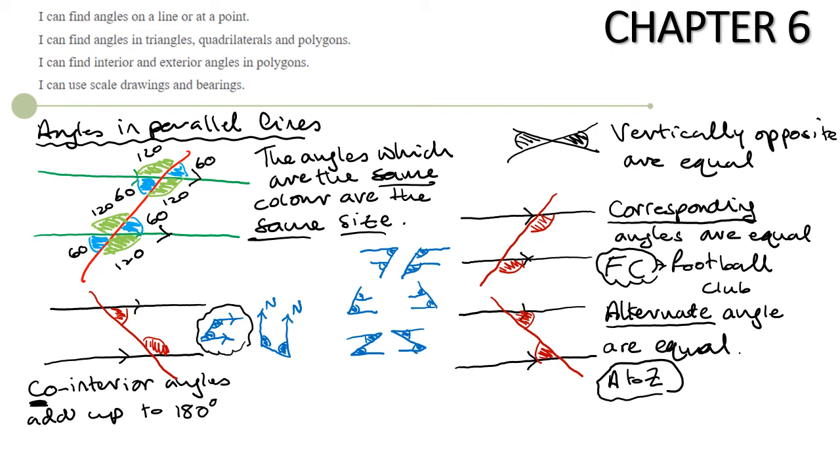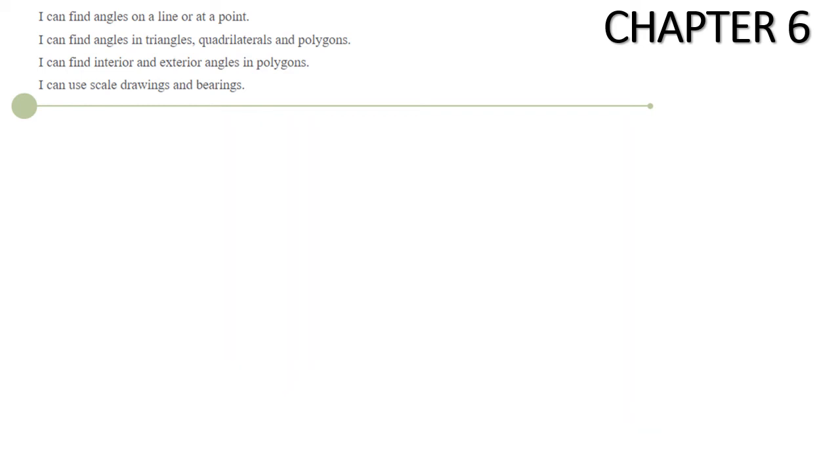As I said, the C may be back to front like this, or upside down. We're looking for the parallel sides and the angles which are inside. Okay, so these angle rules are, as I said, not in the recap section of the book, but they need to be added. Last thing I'm going to be looking at is scale drawings and bearings.